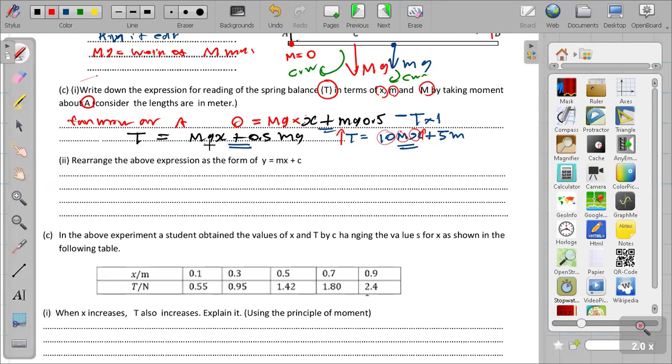If you use the previous one, your equation will be T equals Mg x plus 0.5 mg. So this is like y. This whole together, g and m product, is the m in mx, times x, plus this whole together as c. But when you get this one, T equals 10M x plus 5m.